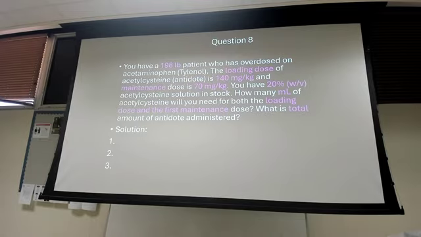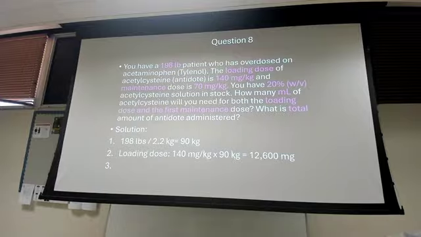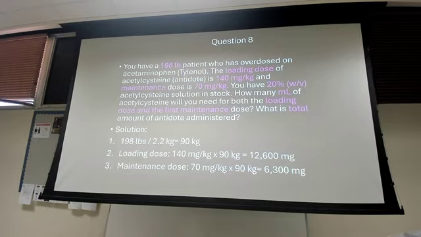So first we'll convert her into kilograms. 198 divided by 2.2 will be 90. Secondly, we'll find the loading dose, how many milligrams we need, and that will be 12,600 milligrams. After that, we'll do the same with the maintenance dose to find how many milligrams we need.